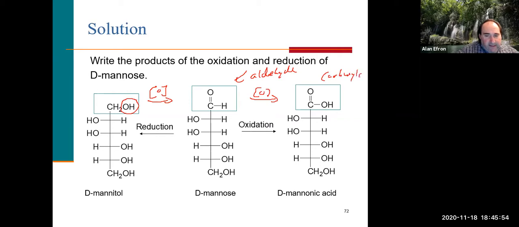So these carbohydrates, because they have these organic groups, can go through very similar reactions to what we saw in organic chemistry. And that's basically our primary alcohol going to our aldehyde, going to our carboxylic acid, essentially what's happening there if you look across the top.